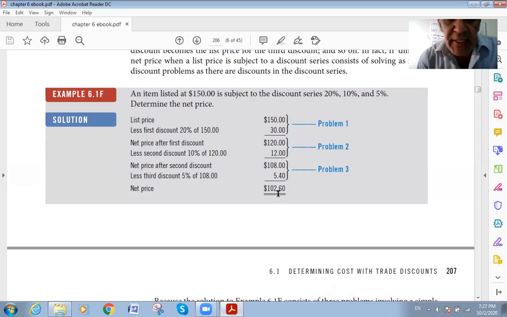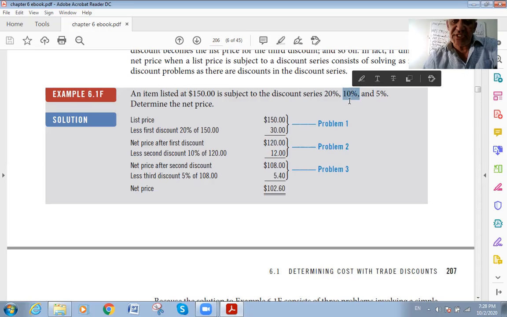In a simple way, you consider it three examples or 3 exercises. The first exercise is the amount of $150 and the discount is 20%. Then you will deduct the discount, you will take it out, then 150 minus 30, it will give you 120. You will take this 120 and see what is the second in the series, which is 10%.